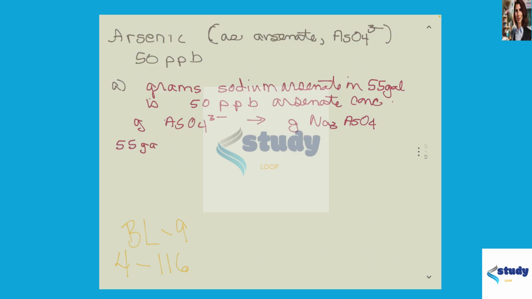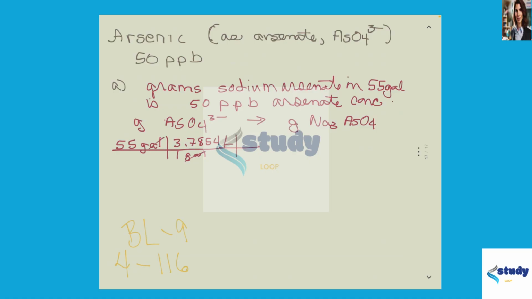And that is going to be a simple conversion. So we're going to start with 55 gallons of the solution. And 1 gallon contains 3.785 liters.